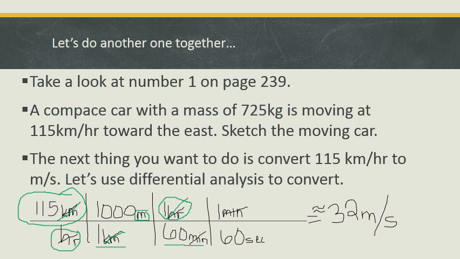So now that cancels out my hours, but I don't want meters per minute. So we have 1 minute is the same as 60 seconds. Well, now that cancels out my minutes, and I am left with meters per second. And if you do your math, that rounds out to right about 32 meters per second. So when you do your velocity, we are going to use this as our velocity, okay?